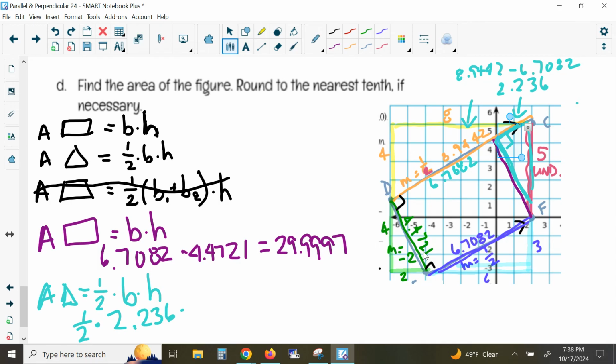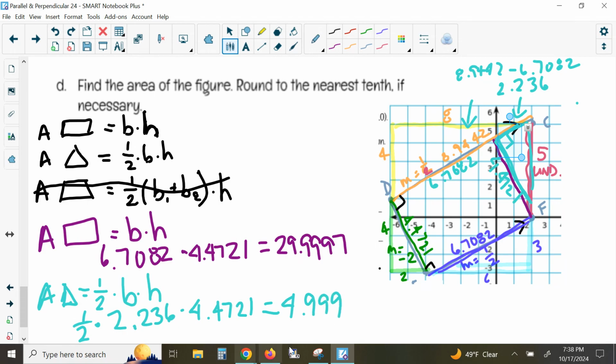Which means if this is 4.4721, then this side of the box has to be that too. So we're timesing it by 4.4721. So we have to do 1/2 times 2.236 times 4.4721.